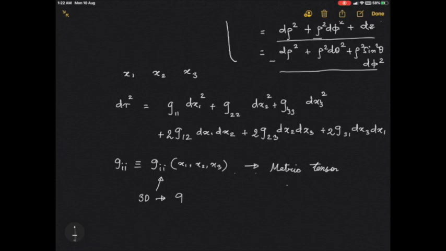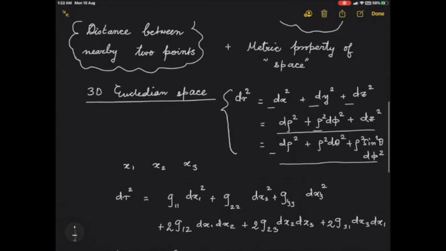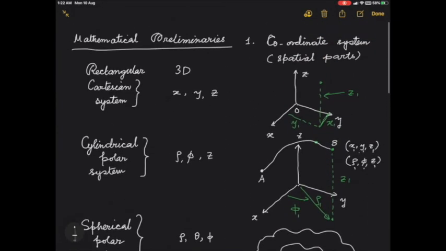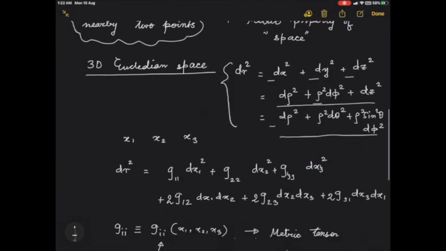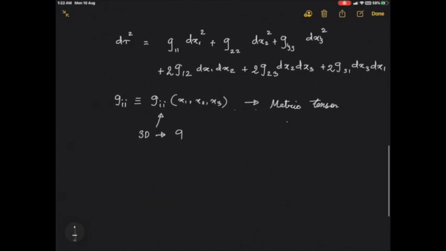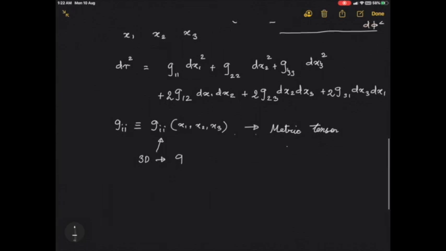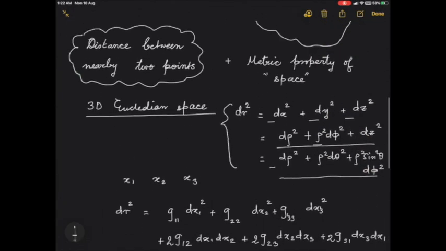It essentially tells you how to calculate the distance between two infinitesimally separated points in a given space, Euclidean space in this case, with a given coordinate system. So I have to give you both the space and the coordinate system, and then you will be able to tell me what is the metric, or the metric will specify these quantities.